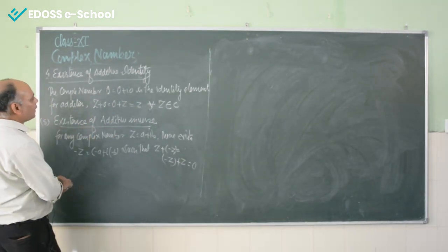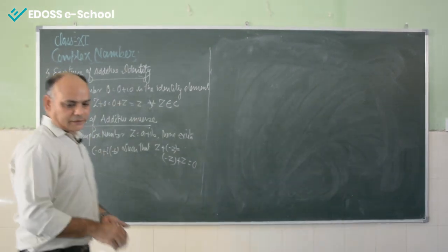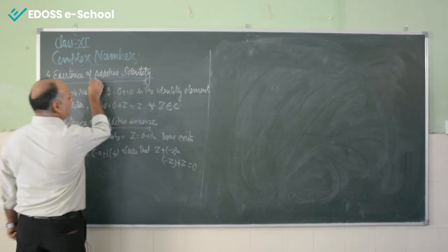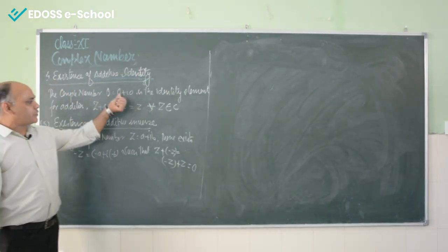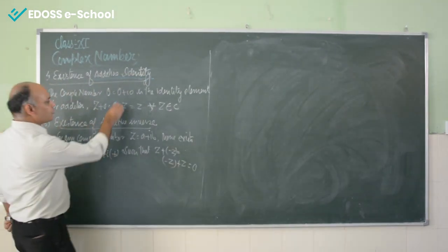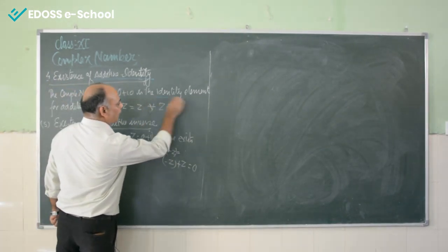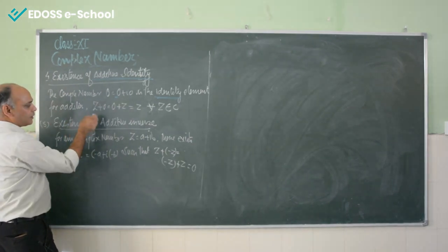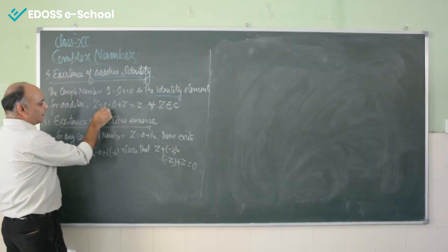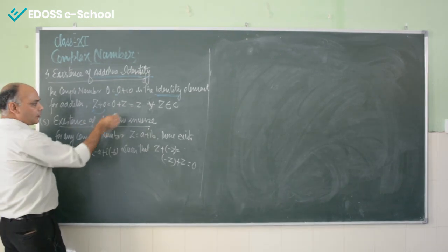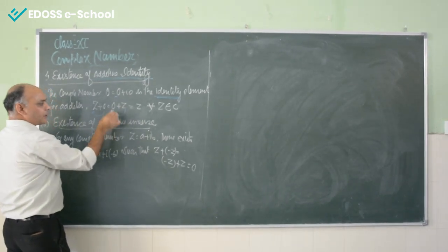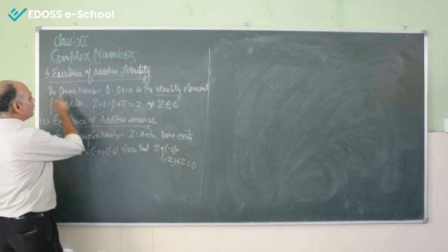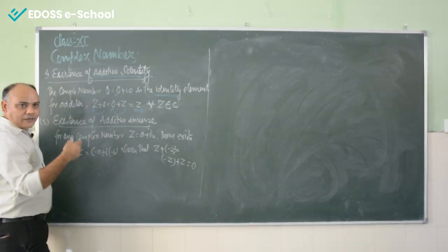Additive identity means the complex number 0 is the identity element for addition. That means if 0 is added to a complex number or a complex number is added to 0, then the answer is always a complex number. This is known as the existence of additive identity.